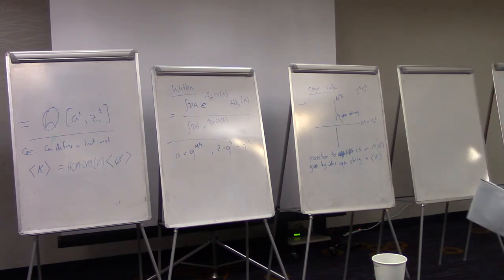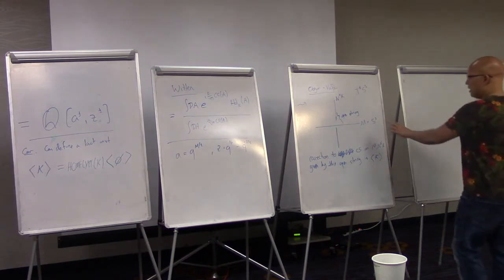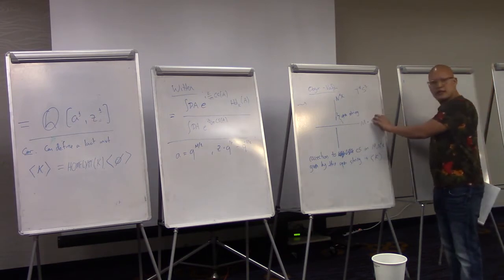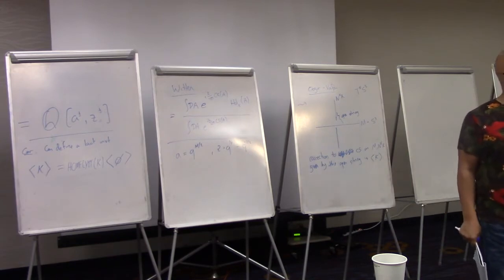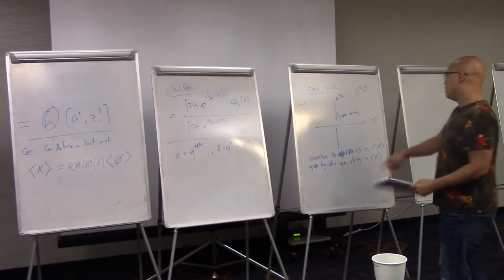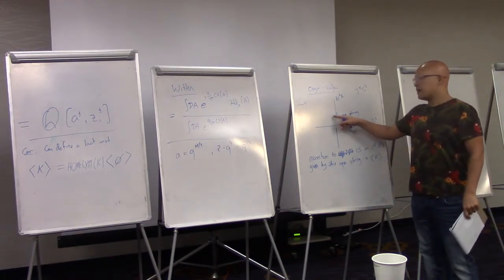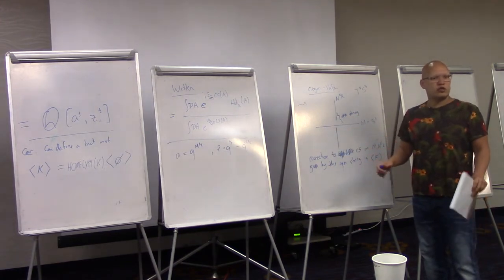And moreover, they said that if M is S3, then you can shrink the S3 down to a point, pass through the conifold transition, and just count curves ending on N*K in the resolved conifold.